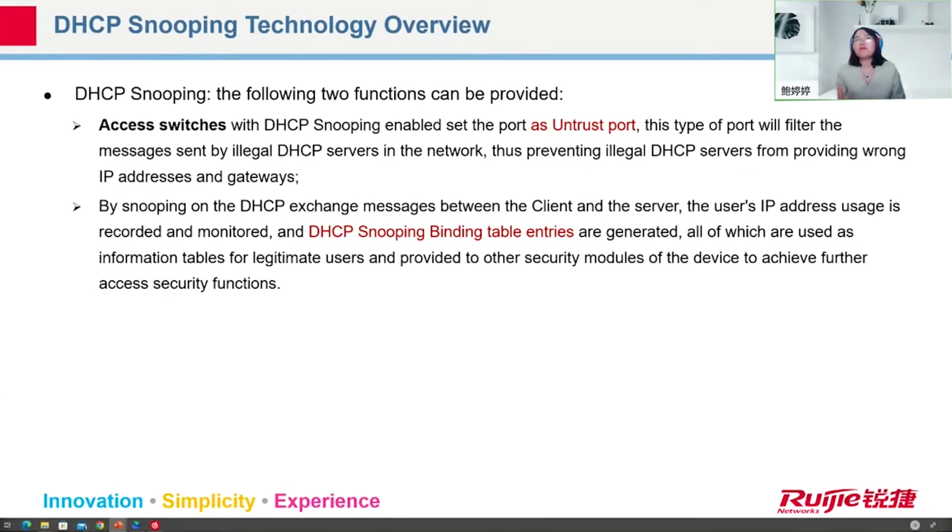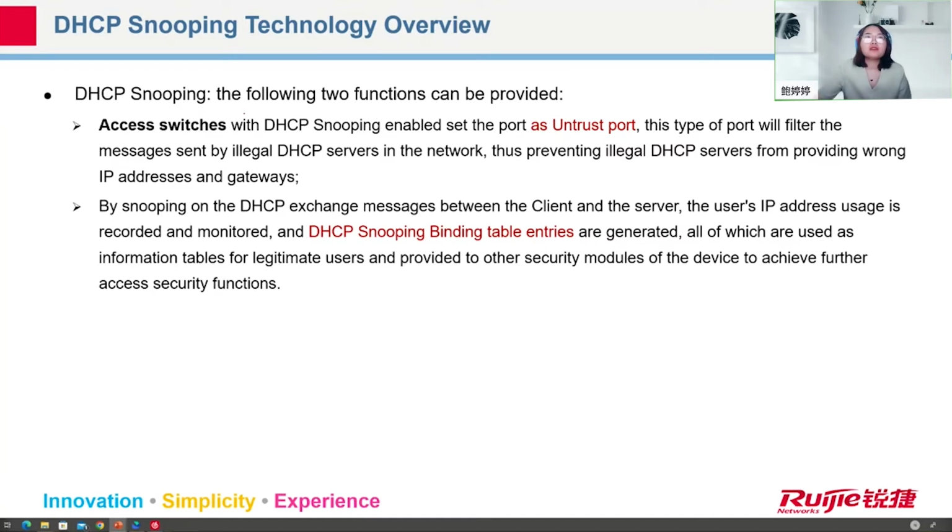When it receives the offer messages from these two DHCP servers, the switch directly forwards them to the PC, and then the PC will not know which information is correct and which is incorrect. So we can deploy DHCP snooping to let the access switch know which messages should be correct and which are incorrect.